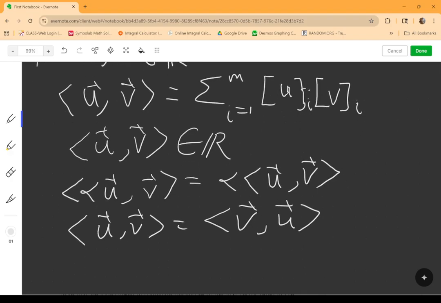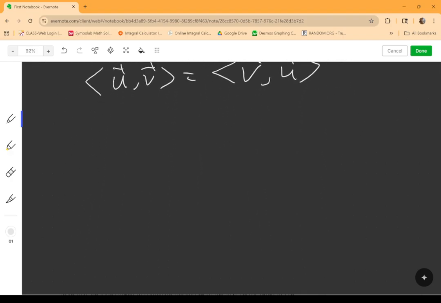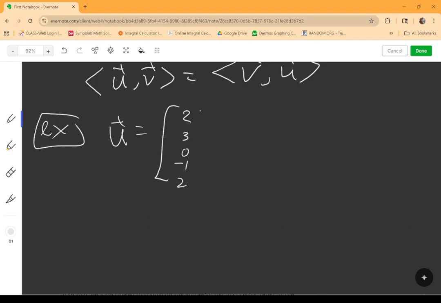Now let's do an example to see how this works. Let u equal 2, 3, 0, negative 1, 2, and v equal 1, negative 1, negative 2, negative 4, 1.